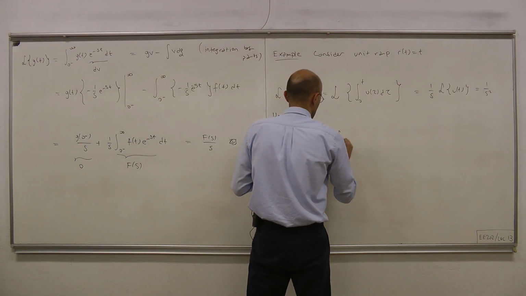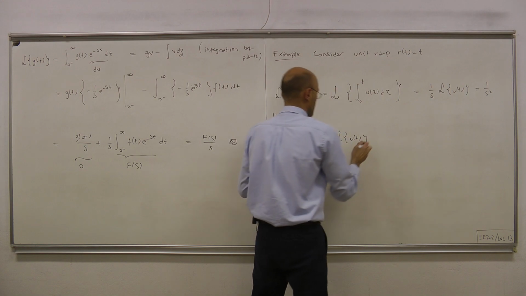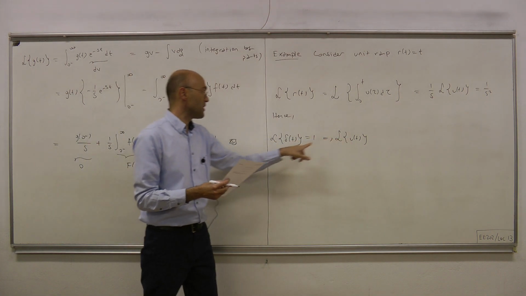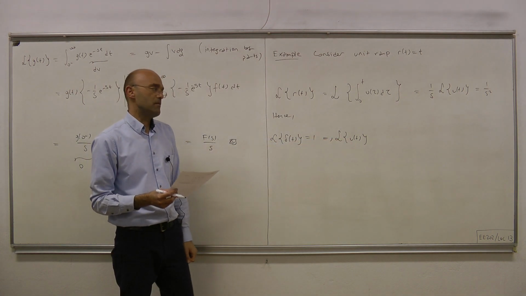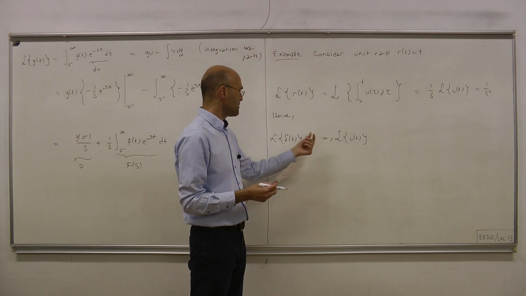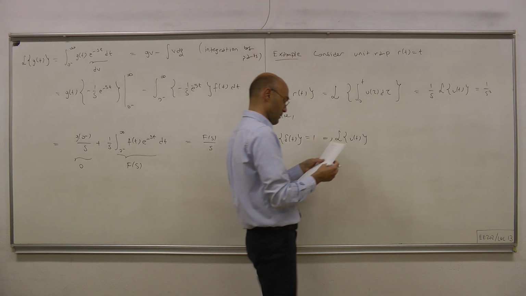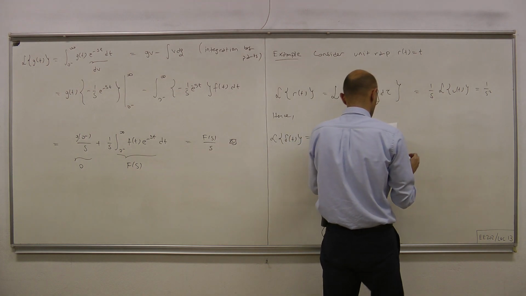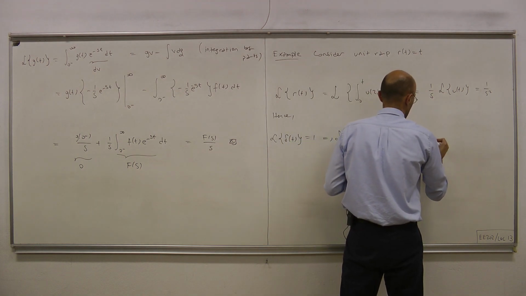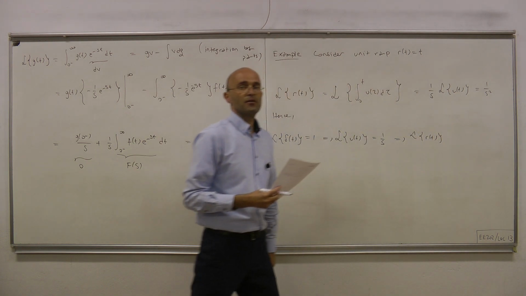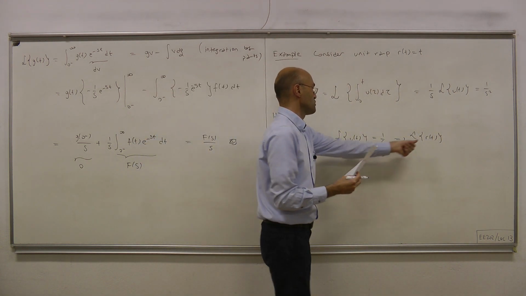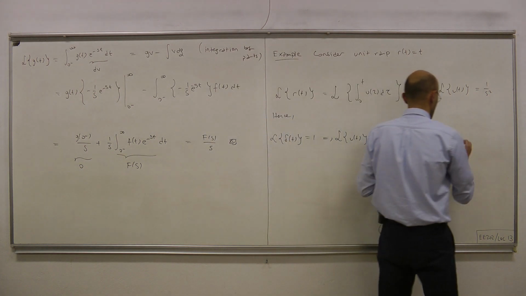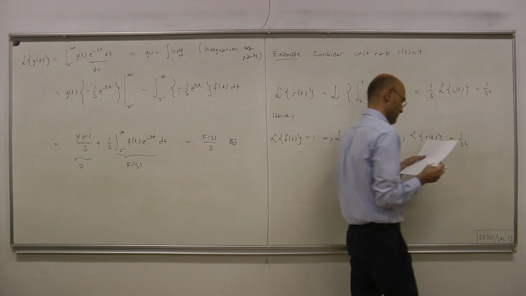And then the Laplace transform of the unit step is, since the unit step is the integral of the unit impulse, this divided by s, 1 over s. And then we just obtained the Laplace transform of the unit ramp is, since the unit ramp is the integral of the unit step, this divided by s, equals 1 over s squared.